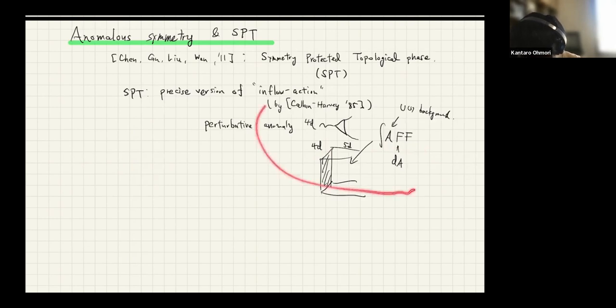Of course that has been known for a while, from '85, but SPT enabled us to generalize this kind of inflow treatment into other cases, including discrete symmetry and global anomalies.